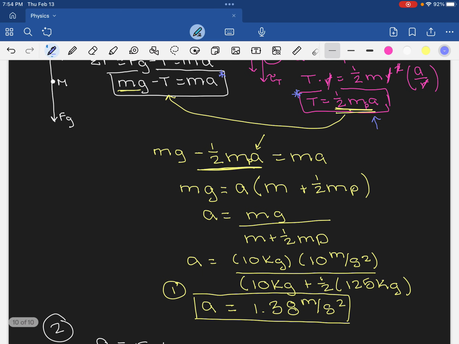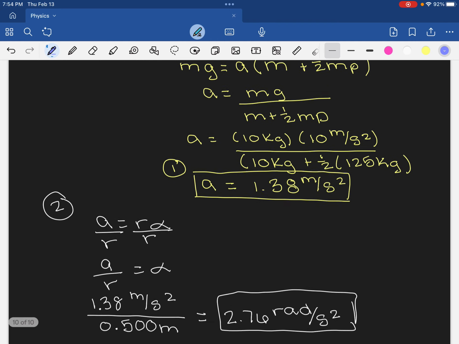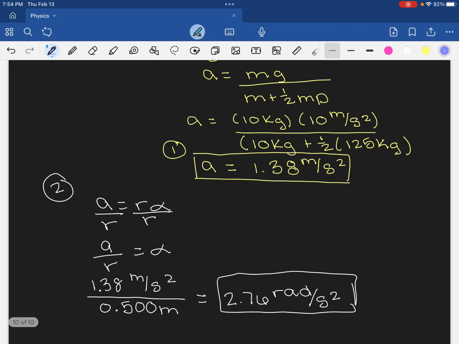So we're going to use tension equals 1/2 the mass of the pulley times the acceleration. So what that's going to look like is tension is equal to 1/2 the mass of the pulley, which again, that is 125 kilograms.